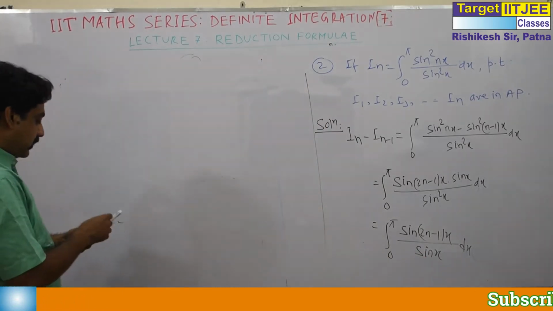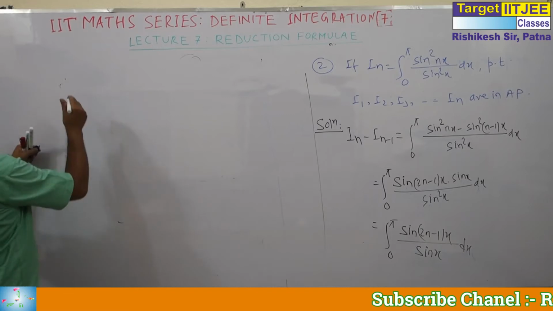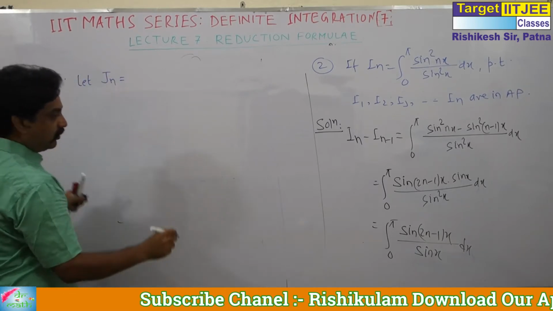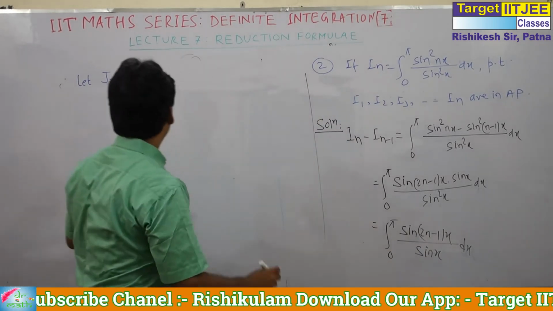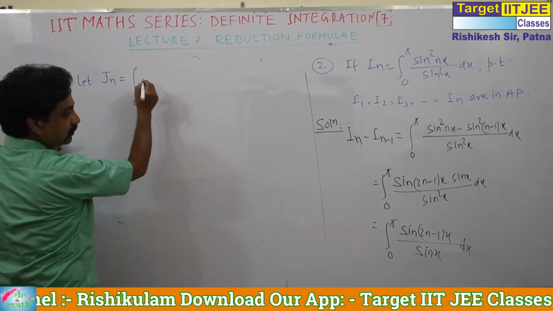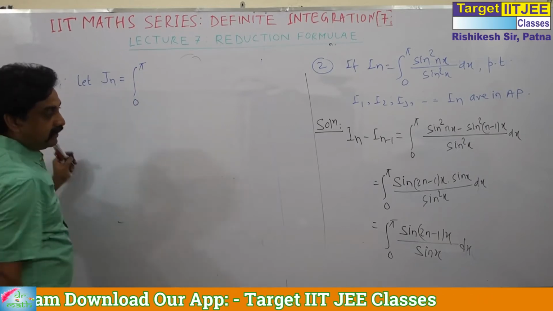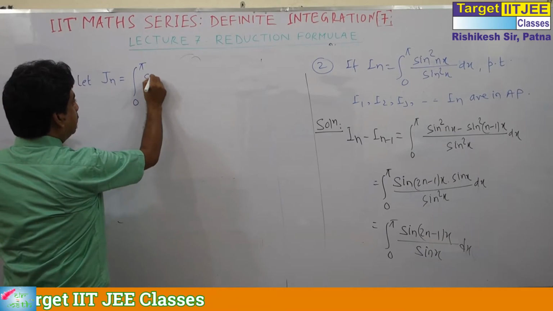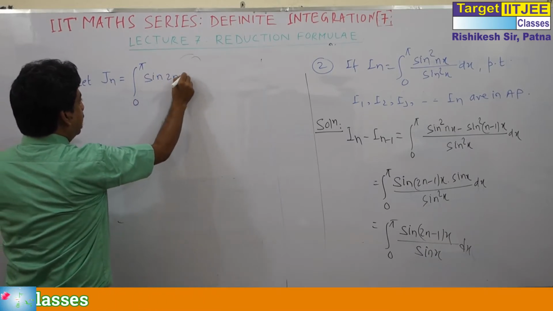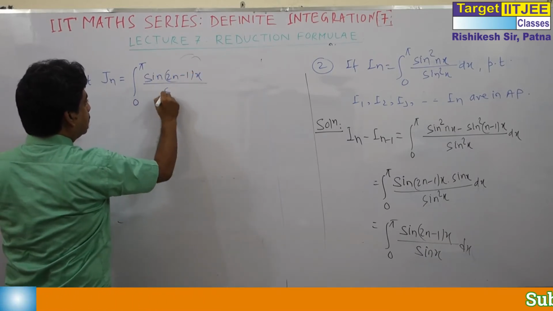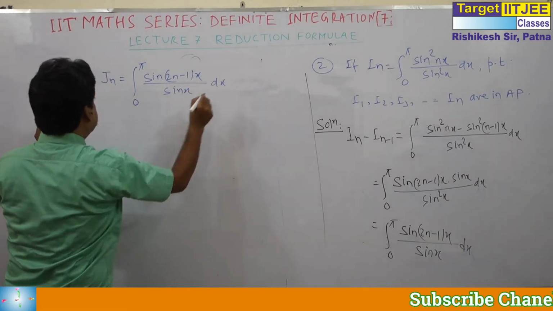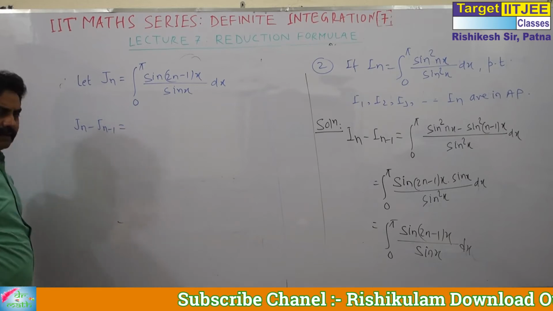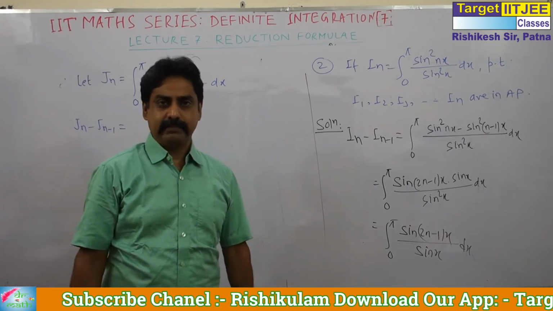So for this I will again assume J_n is equal to the integral from 0 to pi of sin (2n minus 1)x by sin x dx. Then what is J_n minus J_(n-1)?